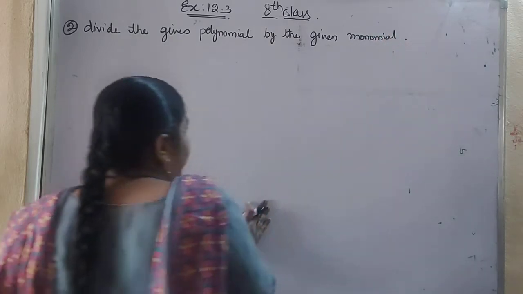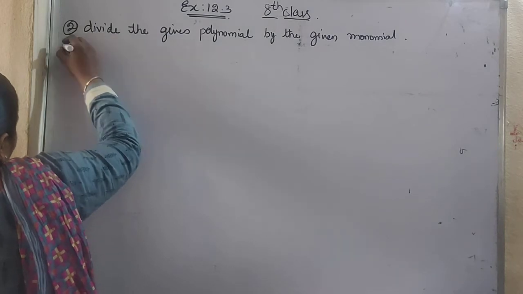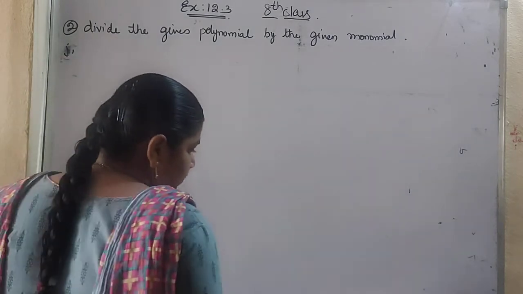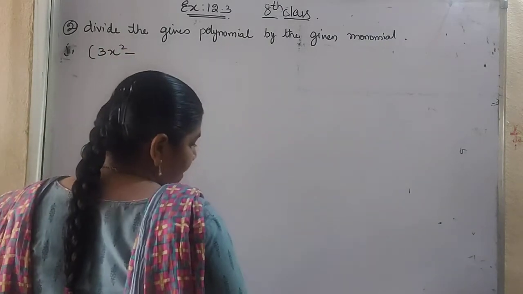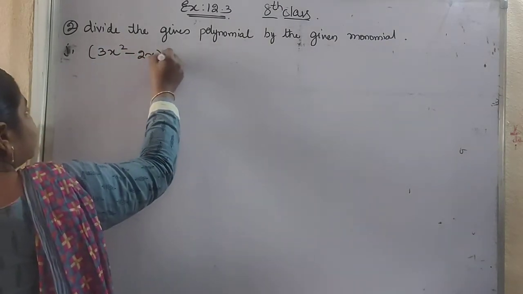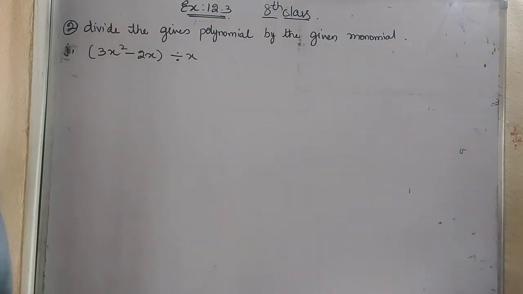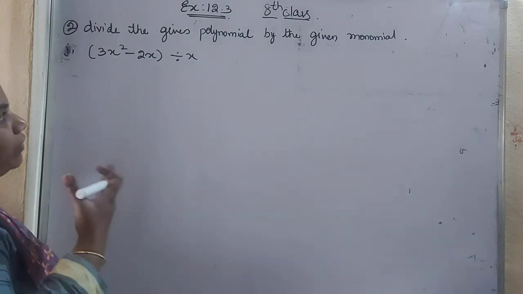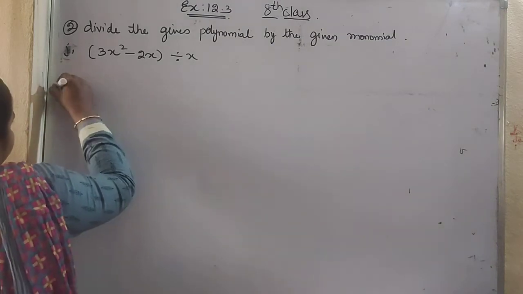Given polynomial, you have to divide with monomial now. So in that the first one: 3x square minus 2x divided by x. So this is a polynomial, this is a monomial. More than one term we call a polynomial, and only one term we call a monomial. So we have to divide this now.